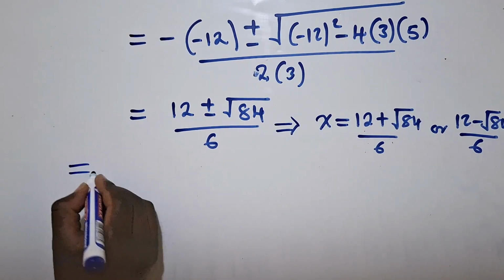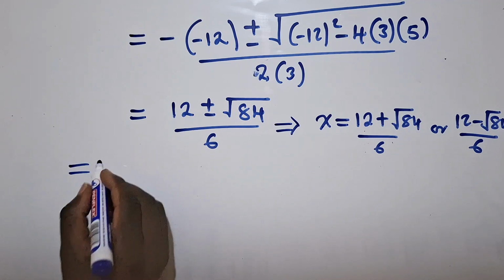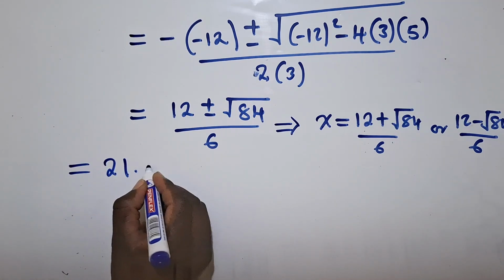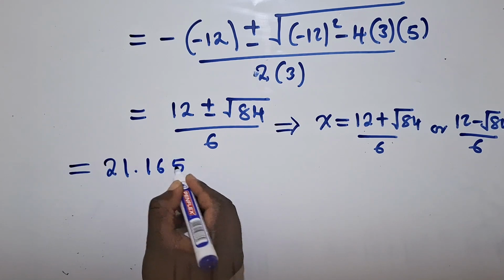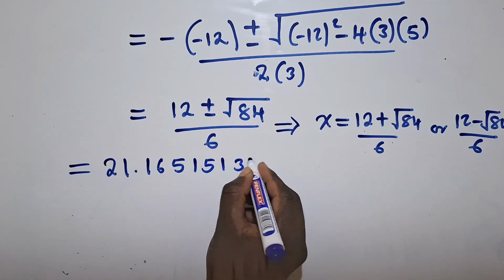Of which, the first one here, when we punch on our calculator, 12 plus root of 84, it's giving us 21.16515139.